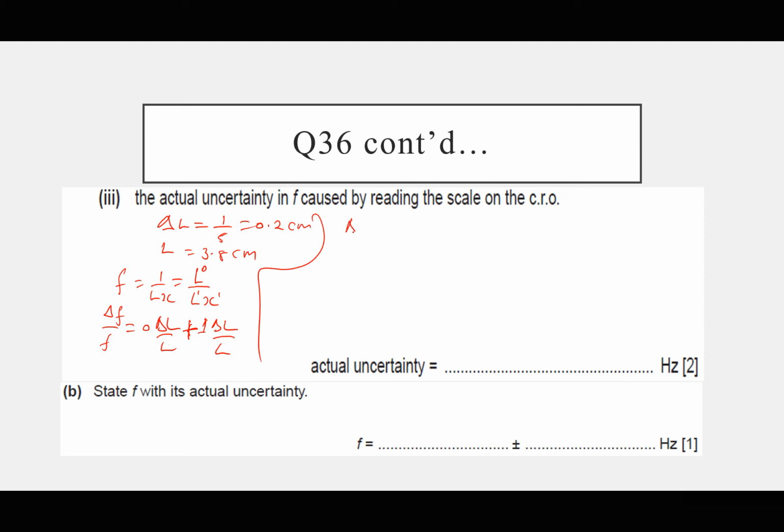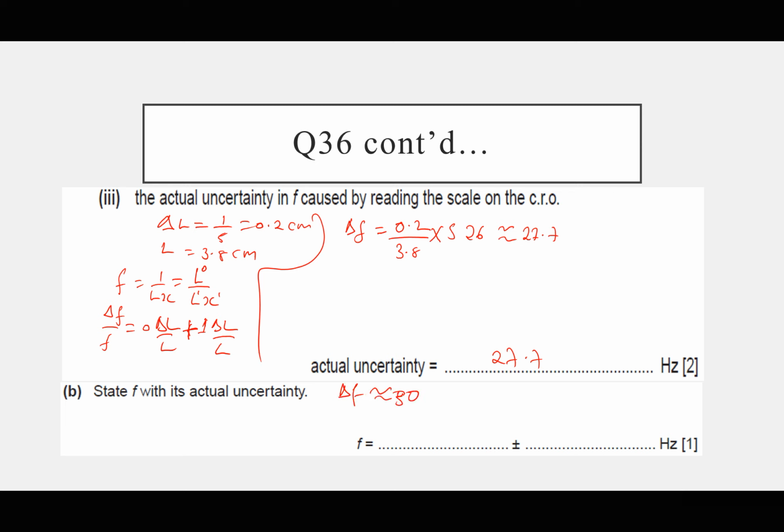Therefore, absolute in F is going to be in L, which is 0.2, over L, which is 3.8, times now the value of frequency, which we got as 526, and this is giving me 27.7. So to one significant figure, this is approximately 30. So absolute in F is approximately 30.